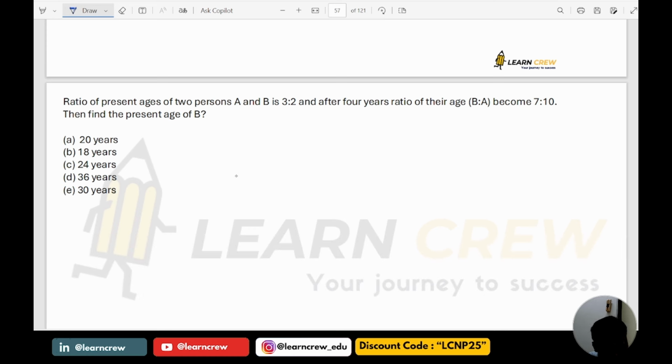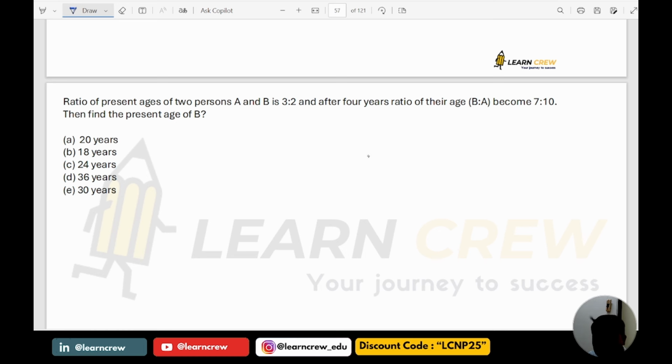Now the ratio of the present ages of two persons A and B is 3:2. And after 4 years, the ratio of their ages B to A is 7:10. So after 4 years the ratio would be 10:7.